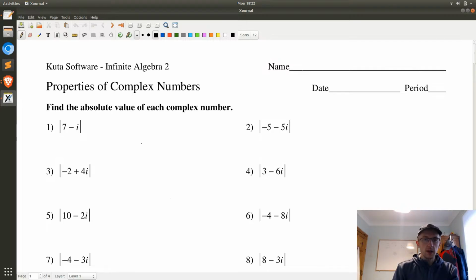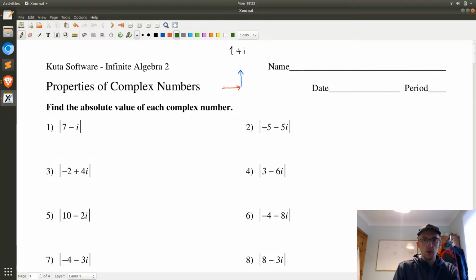Finding the absolute value of a complex number. What does that mean? That means trying to reduce it down to just a single number. Okay, let me put it this way. 1 add i, you can visualize going 1 along the real axis, which I should do in red, 1 along the real axis, and then 1 along the imaginary axis.